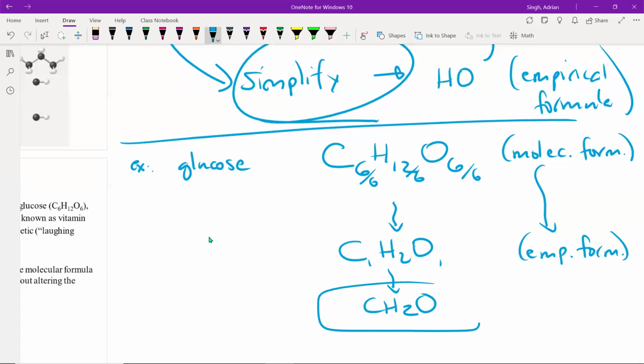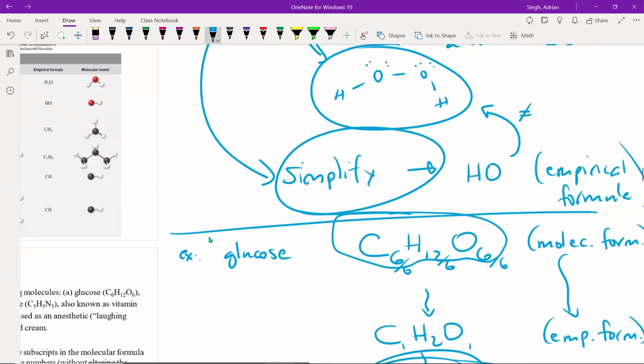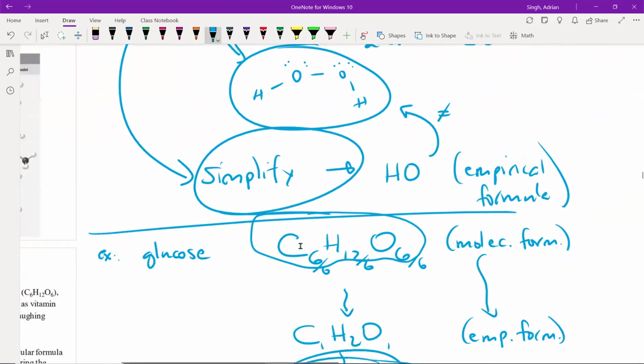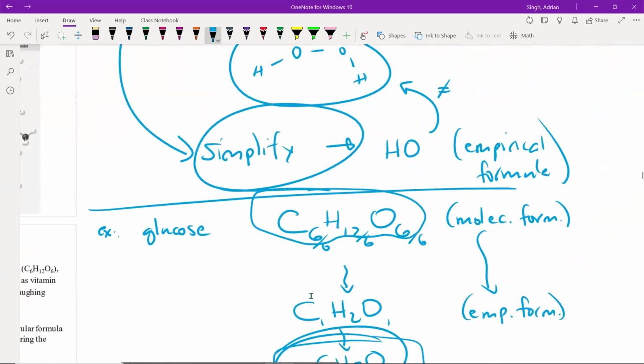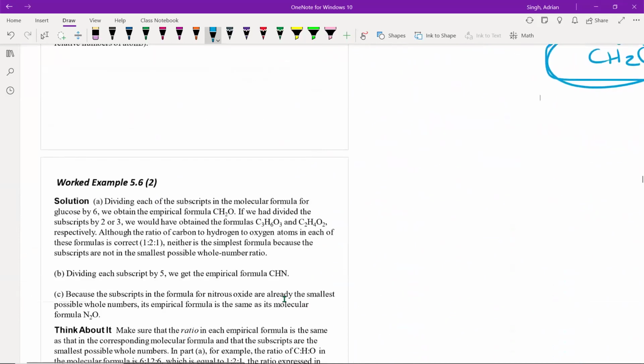This is not what glucose is, because we just said glucose has 6 carbons, 12 hydrogens, and 6 O's, but this is the simplest ratio of those elements to each other. When you eat something that has glucose in it, this is the formula of the molecule that you're eating, not CH2O. This is just the smallest ratio. So it's important to know the difference between those two.